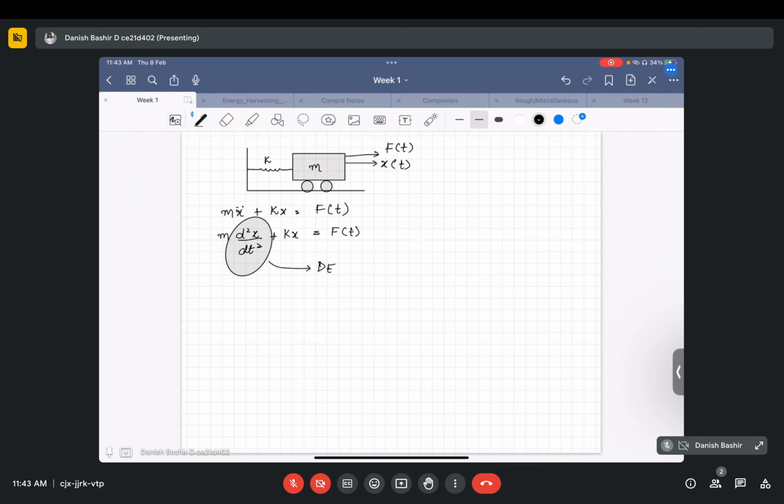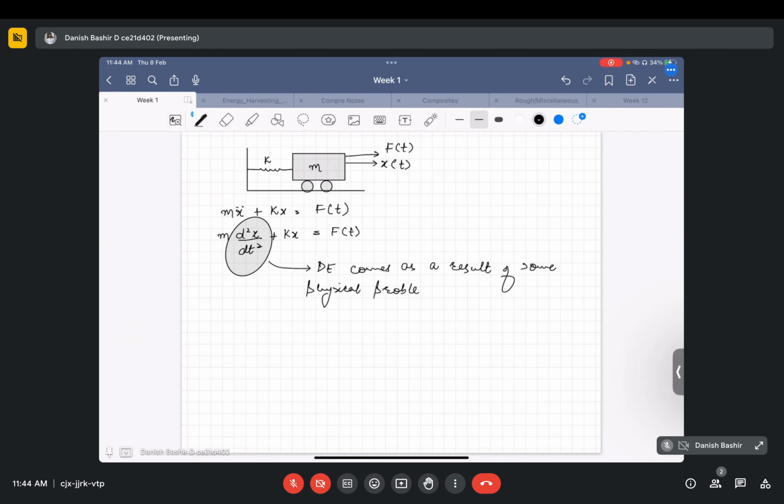A differential equation comes as a result of some physical problem. We had a mass m excited by some external excitation force f of t.